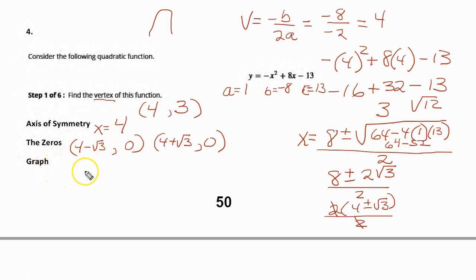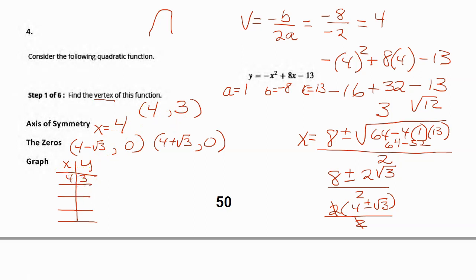Now, they also want us to graph this. So what we're going to do is make a little t-chart, and they ask us to plot 2 other points that we haven't done so far. Well, we know our vertex, so we're going to put that in there, 4, 3.